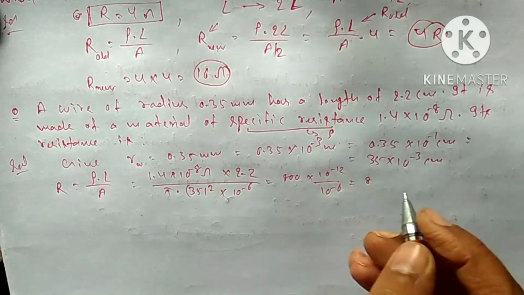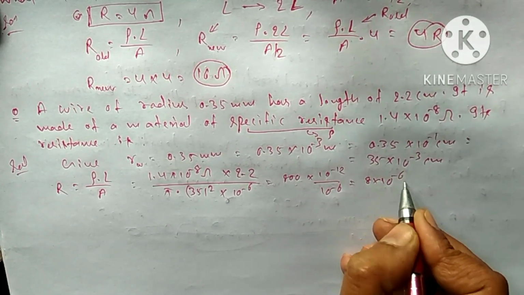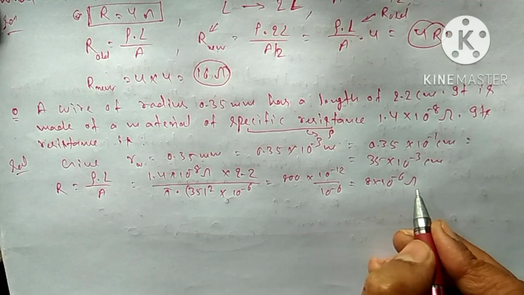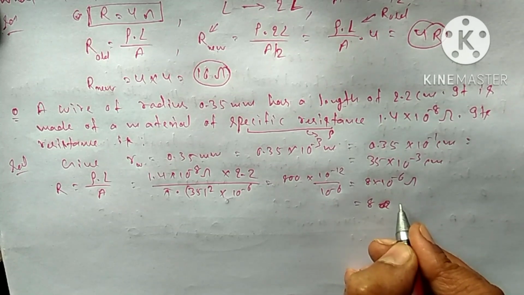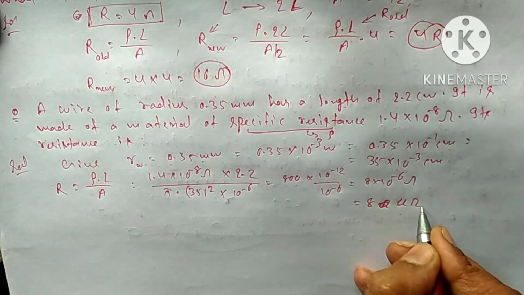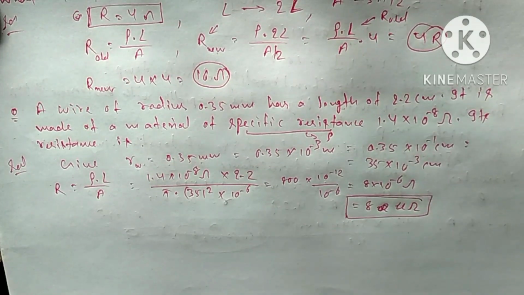So the final answer is 8 multiplied by 10 to the power minus 6 ohm, which is also called 8 micro ohm. This is the final answer of this question.